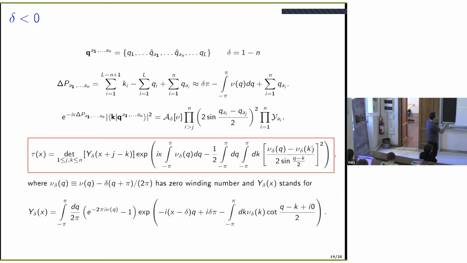And here is the answer, in formulas, what we just said. If delta is 1 minus n, then we'll have n holes over which we have to sum. Then we have to form this kind of determinant, which is n by n.